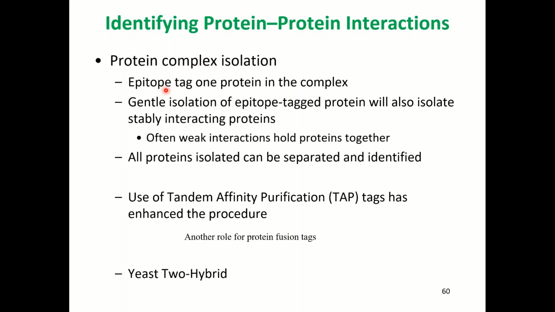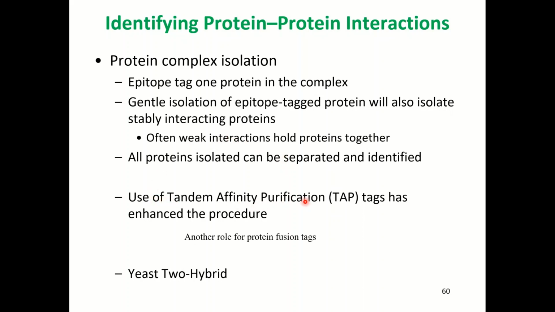You can use an epitope tag, something that an antibody would recognize, on one protein in the complex, and then you gently isolate the epitope-tagged protein, and that will also isolate any proteins that are stably interacting with that protein. These are often weak interactions, but they hold proteins together in complexes. All proteins isolated can then be separated and identified further.